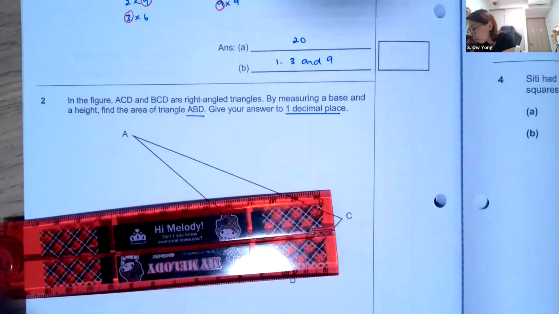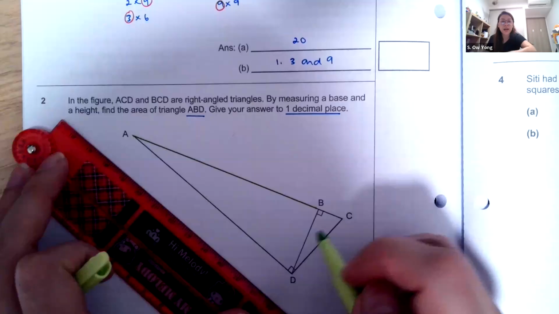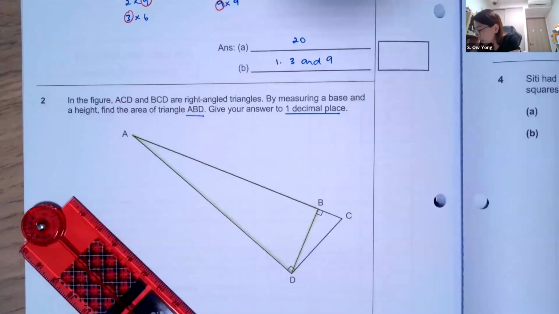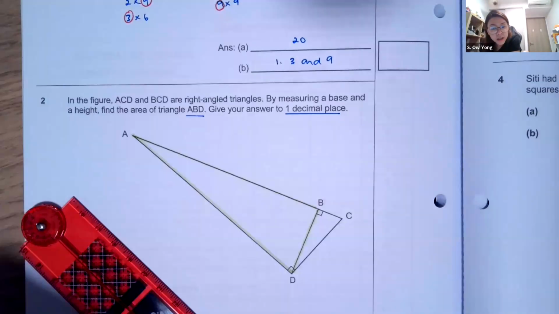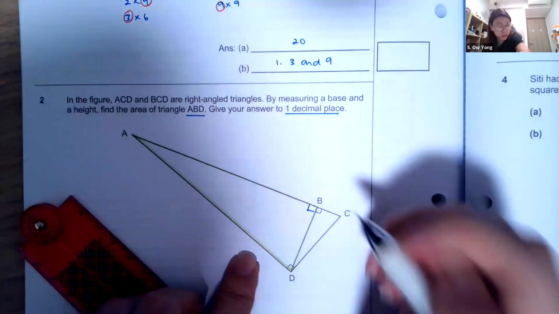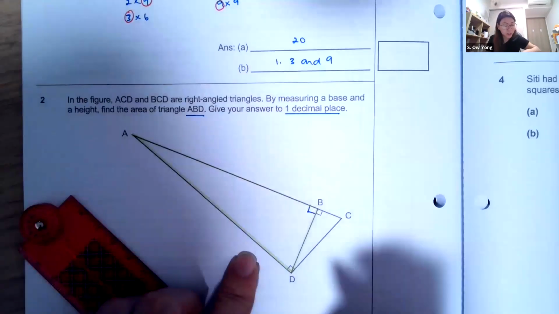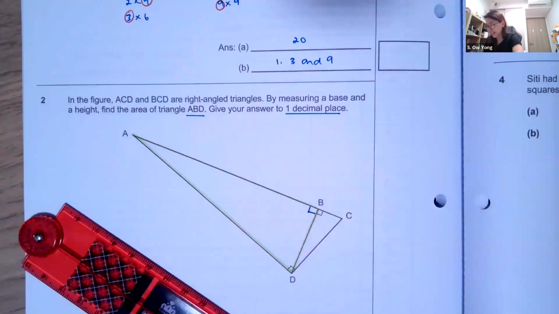So in order to avoid confusion, I am going to highlight for you. I want A, B, D. This is the one that highlighted in green. And we can see that there is a right angle. So you measure AB, you measure BD, the actual measurement. So you all cannot guess.